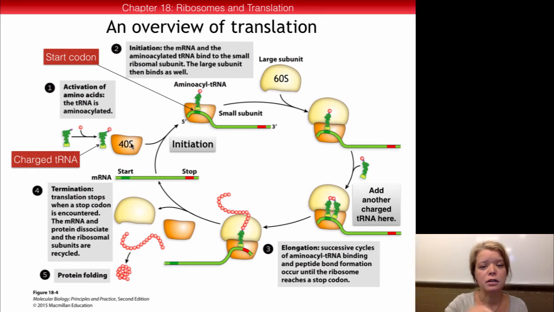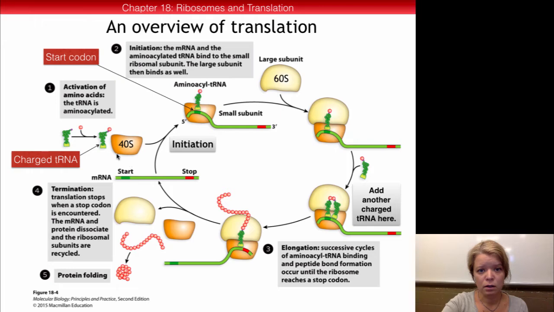The 40S ribosomal subunit will attach at the 5' end of the mRNA molecule and then slide along until it finds the start codon. And only once it has found the start codon and the methionine tRNA is bound to the start codon will the 60S ribosomal subunit, the large ribosomal subunit, be able to recognize this formation and assemble the fully functional ribosome.